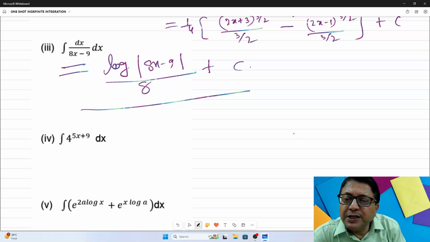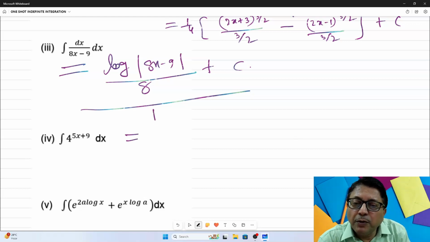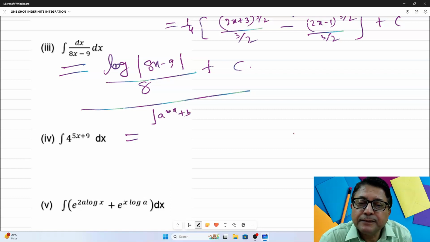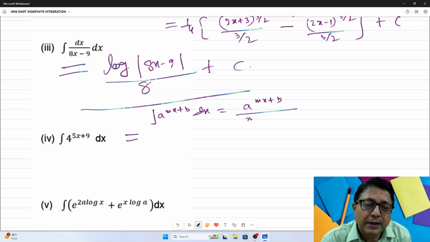Now for this one, it is of the form a to the power mx plus b. The formula you can modify, or that ax plus b form you just remember. Here m is the coefficient, so its integration will be a to the power mx plus b by m log a base e plus c.